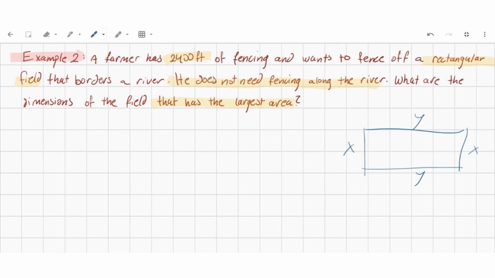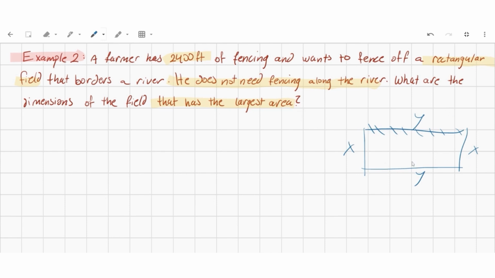Here in this question, it states that he does not need fencing along the river. Let's pretend that the river is going to be alongside one of the y's, so I'm going to cancel out one of the y's. It doesn't necessarily have to be y. You can cancel out any of the sides, whichever you please. You're going to be getting the same answers, all right?